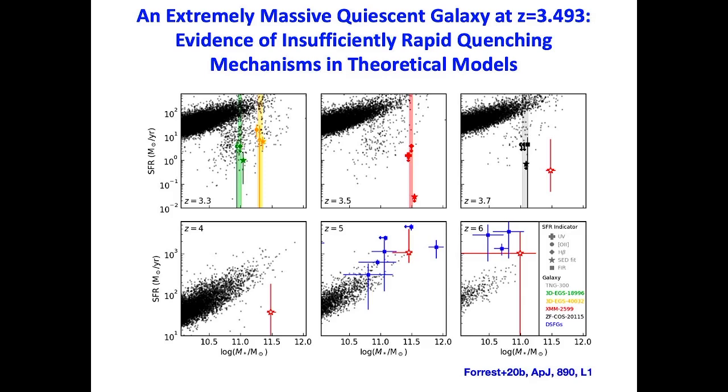But if you look at the simulations, none of them really have any galaxies that are quite as quenched as this one that we had discovered. And so this is perhaps evidence of insufficiently rapid quenching mechanisms in the simulations. We'll see. As we get more galaxies, we'll see where we are. But that one was an interesting one, and as I said, Ben wrote an entire paper about it.